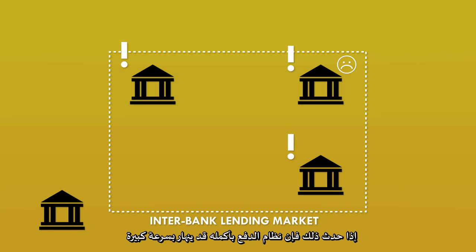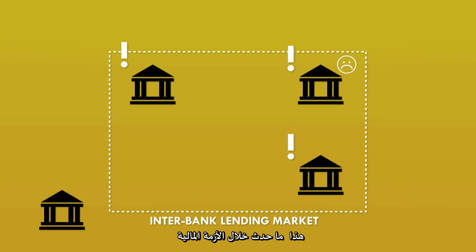Of course, this only works if the banks are willing to lend to each other. If they think that the other banks might not repay them, then they'll refuse to lend. If some of the banks decide to sit on their reserves and to refuse to engage in the interbank lending market, it becomes a mathematical certainty that one of the other banks will struggle to make its payments. If this happens, then the entire payment system could very quickly fall apart.